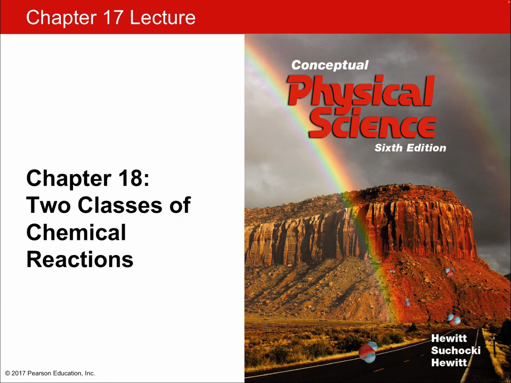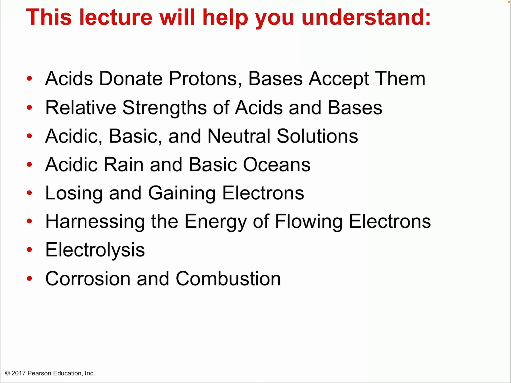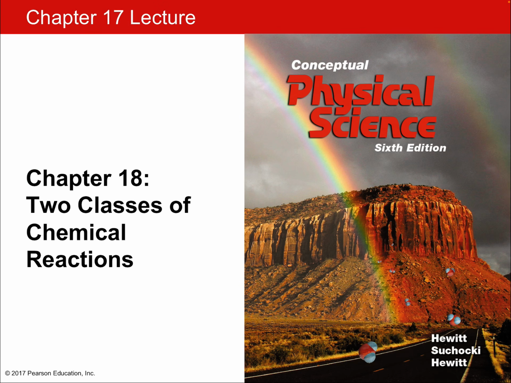All right, so finally on to two other big types of chemical reactions. Continuing on the topic of chemical reactions, but specifically talking about acid-base reactions and oxidation-reduction reactions. Some of this I won't go into so much detail, because I want you to think of this as two other types of chemical reactions. I've combined chapter 18 here with chapter 17, and ignore this, it should say 18 up here.